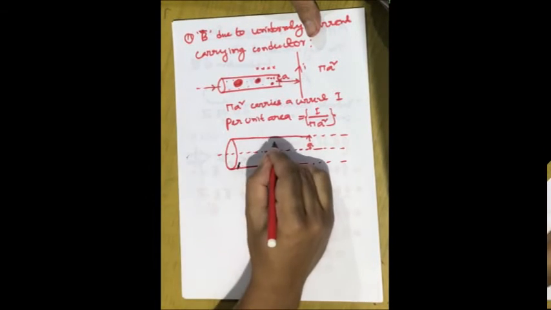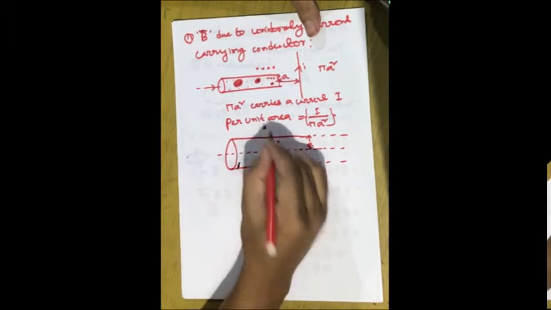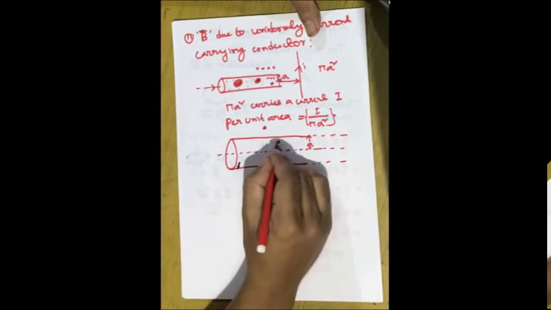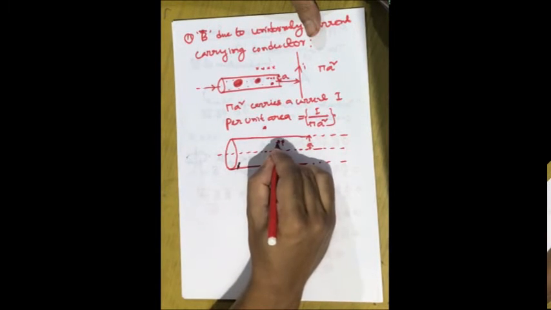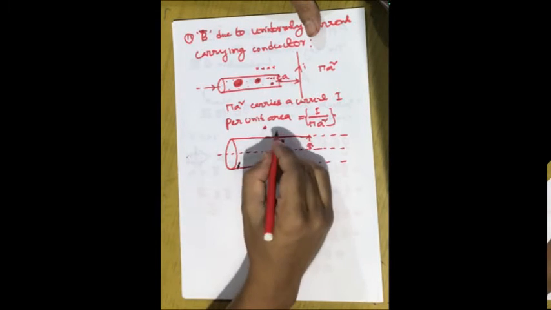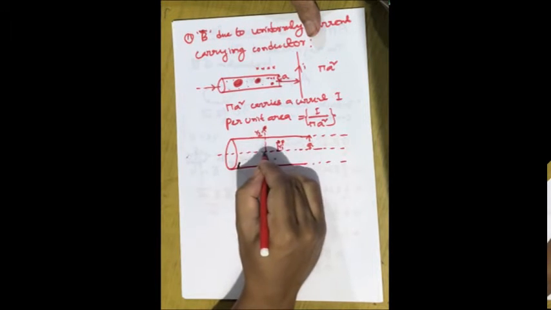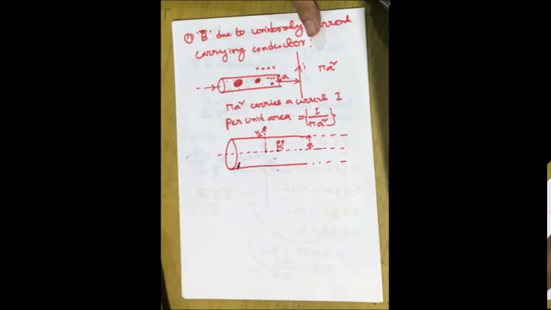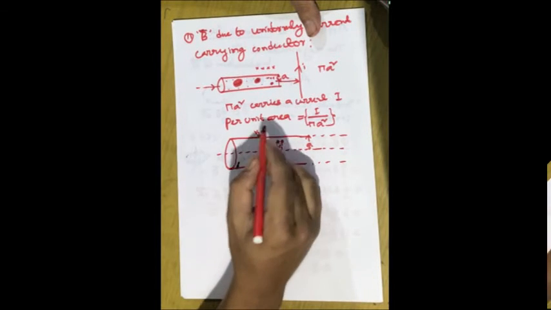Suppose we want to calculate the magnetic field at the point P and at the point Q. The point P, from the center of the conductor, let's say its distance is R1, and the point Q, from the center of the conductor, let's say its distance is R2.